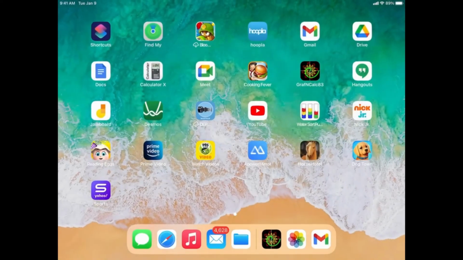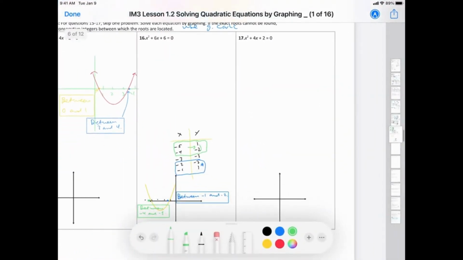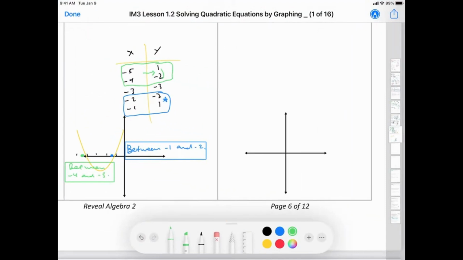So let's do the graph. Between 0 and negative 1, and the other one we said was between negative 3 and negative 4. And our graph looks something like this.